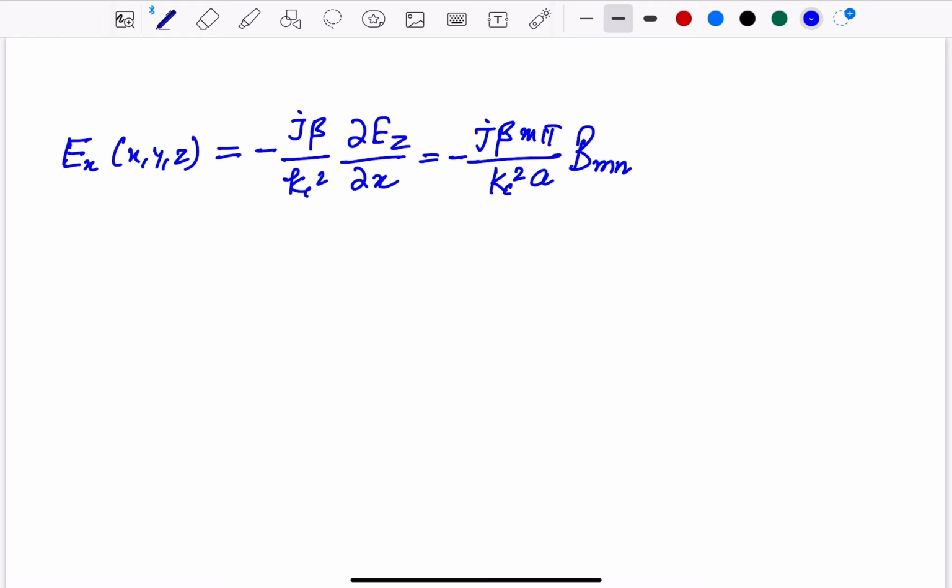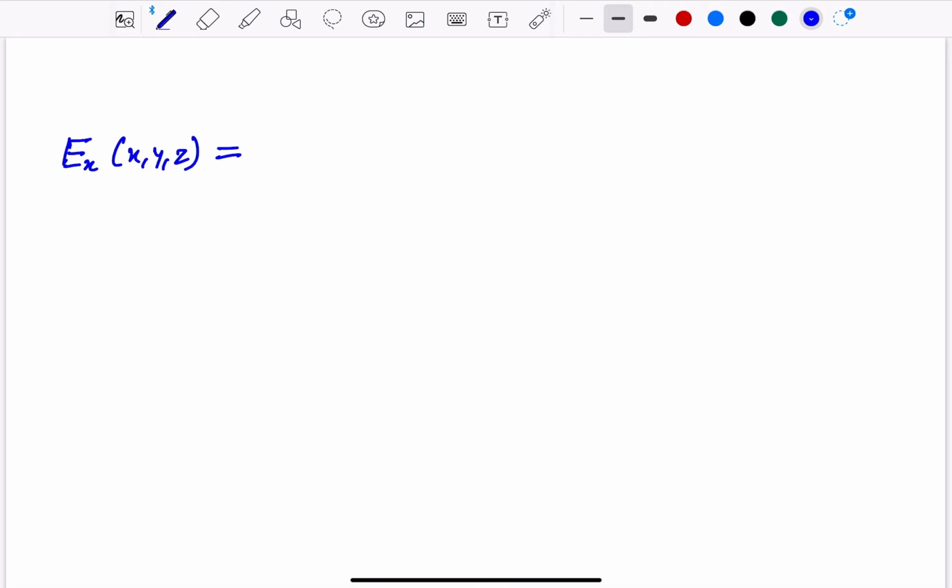Before that, I think, let me recall the boundary condition. I think I should write the boundary condition, then I'll jump over here. Okay, sorry for this. So first of all, writing this Ez component, which is Ez(x,y,z), the overall Ez component.